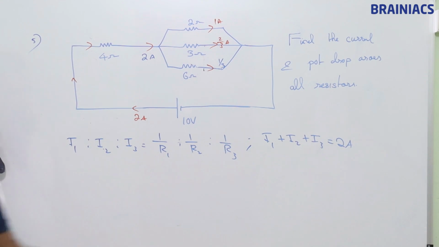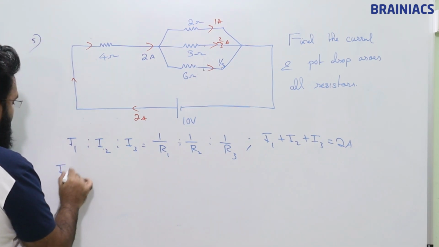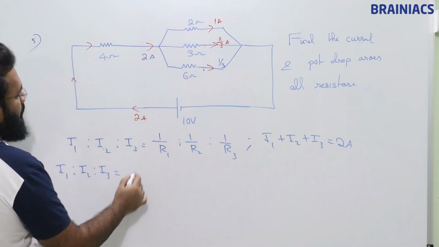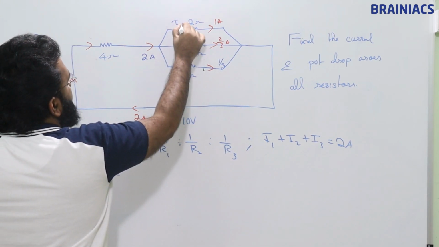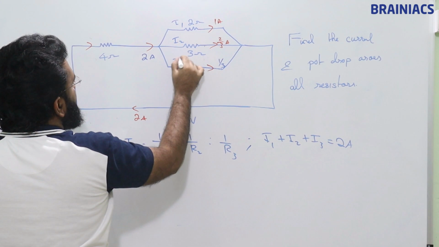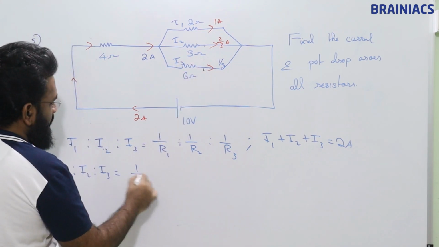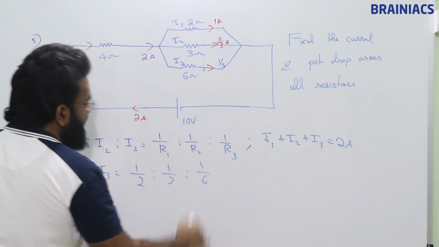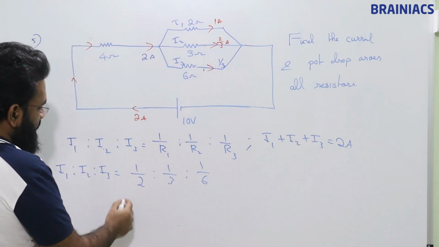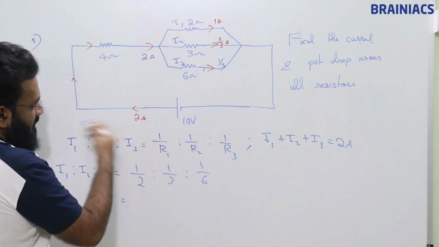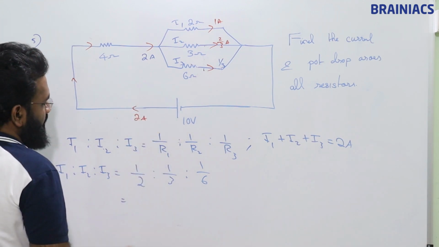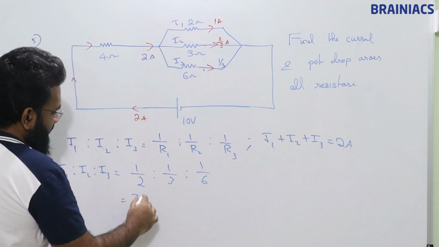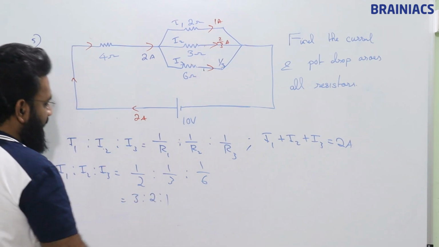Clear or what? So if we take this as I1, this as I2 and this as I3, I1 is to I2 is to I3 is going to be 1 by 2 is to 1 by 3 is to 1 by 6. Just in the previous case we have done the same kind of problem. So we will multiply with 6, we will get 3 is to 2 is to 1.